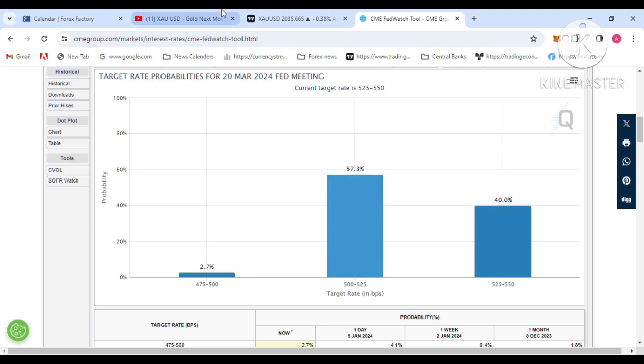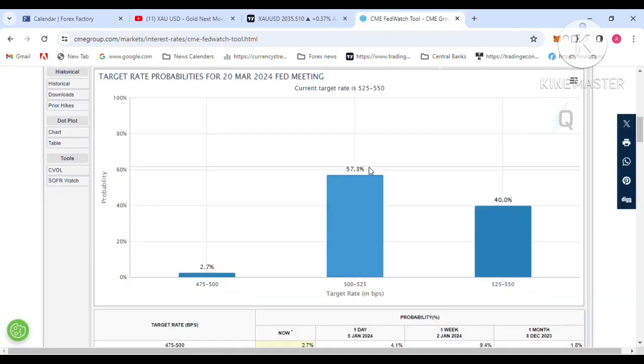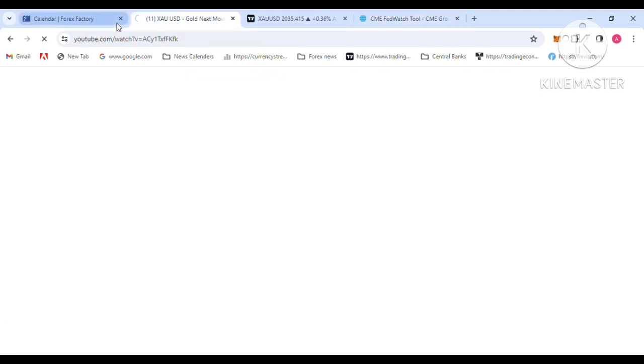If the inflation report drops below 3%, this rate cut probability will increase for the March FOMC meeting. That will help the dollar depreciate, a dollar sell off, and gold demand. Do you understand what I am saying?